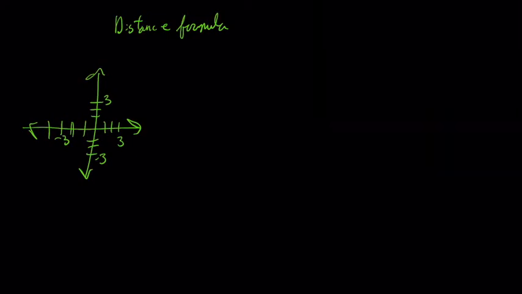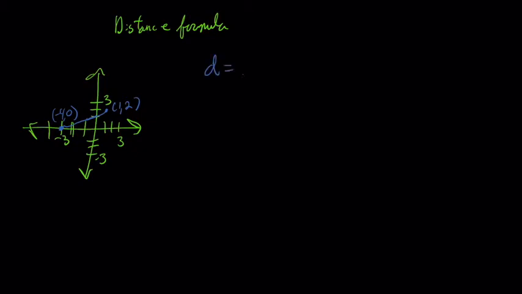I'm going to plot when x is 1, y is 2. And when x is negative 4, y is 0. And I want to calculate the distance between these 2 points. Now I'm not interested in the midpoint, I'm interested in the distance.